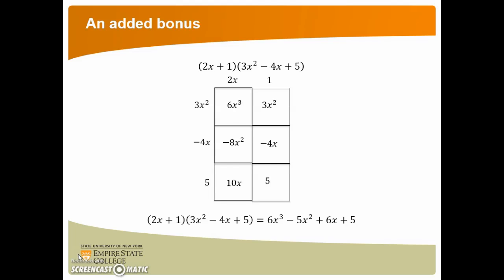Now we need to combine our like terms. Here, the negative 8x squared matches with the 3x squared, and the 10x with the negative 4x. Combining what we can, we have a final answer of 6x cubed minus 5x squared plus 6x plus 5.